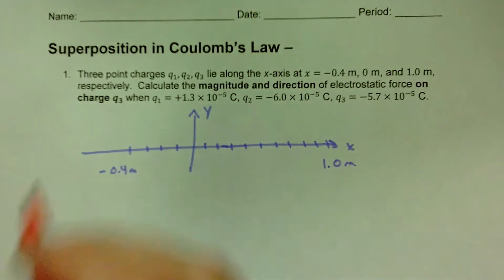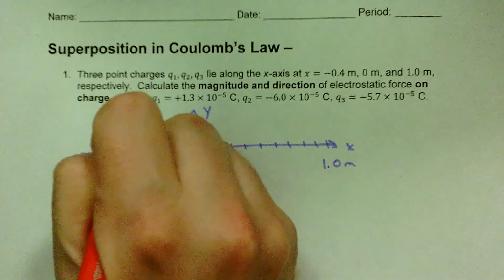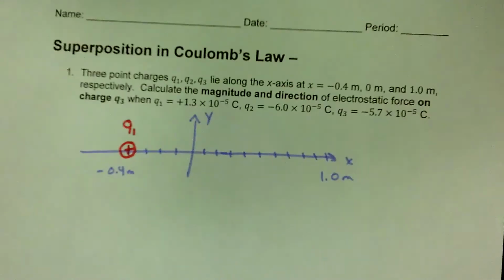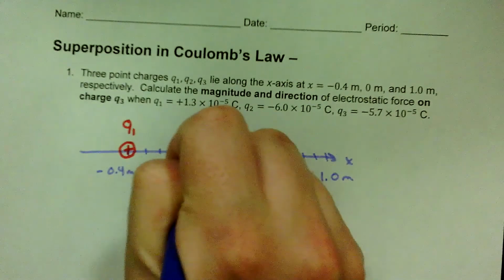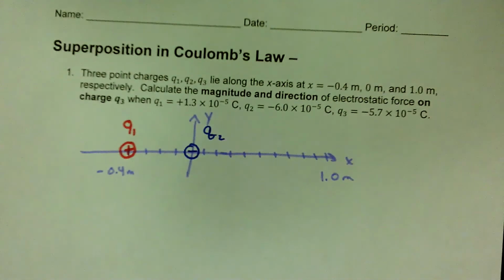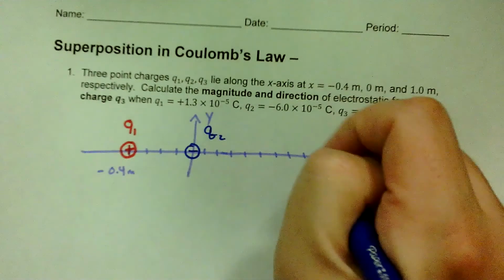And this is saying Q1 is positive, Q2 is negative, and Q3 is negative.